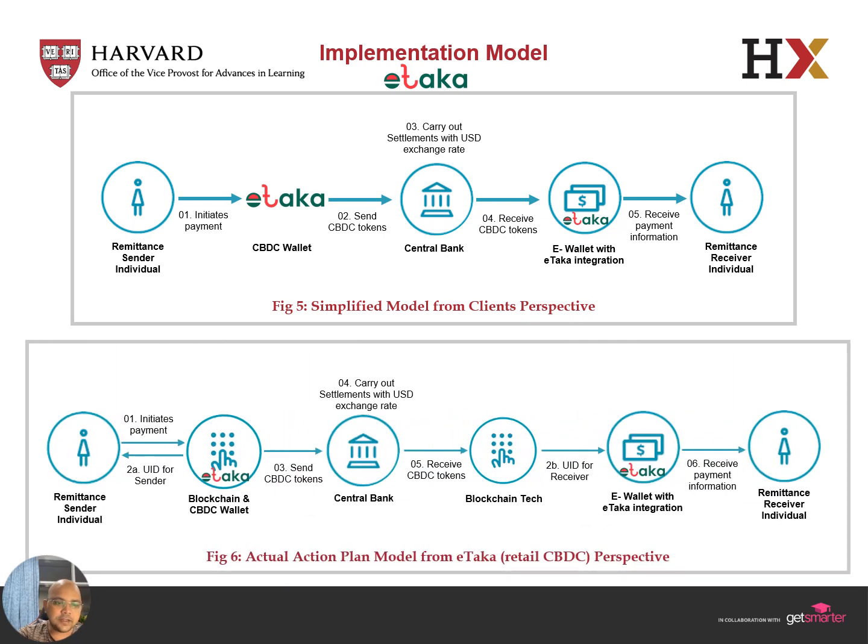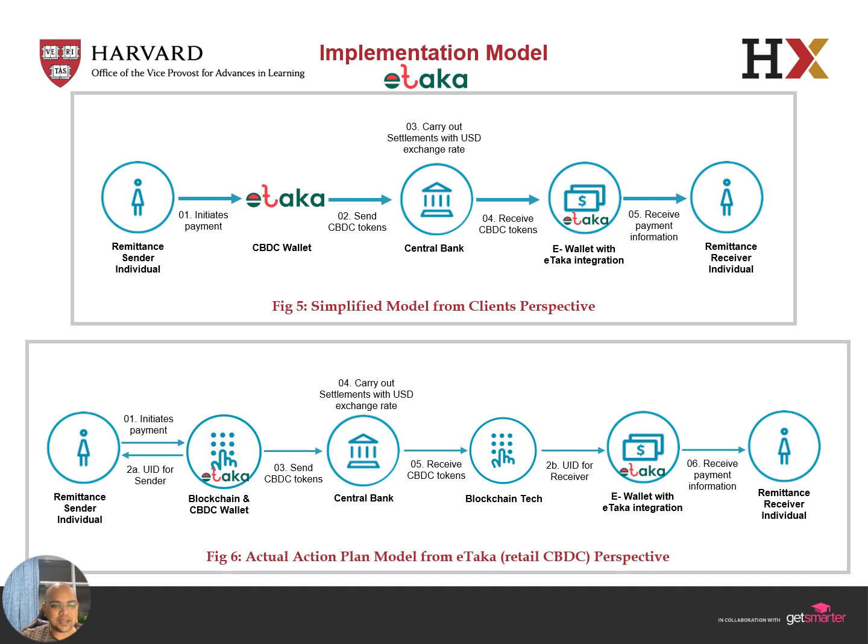Now in figure 6 we can see how the software will work. When the sender is sending, the blockchain technology generates a unified ID of the sender, and it will send the CBDC token to the central bank for the settlement.